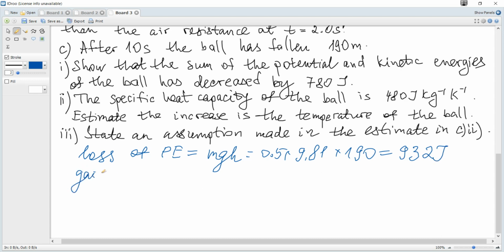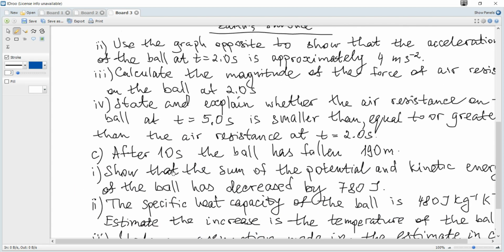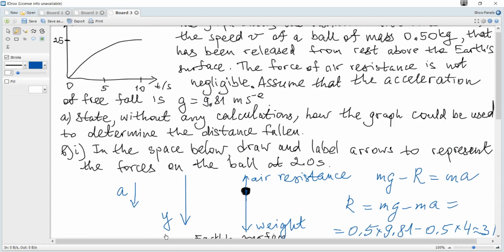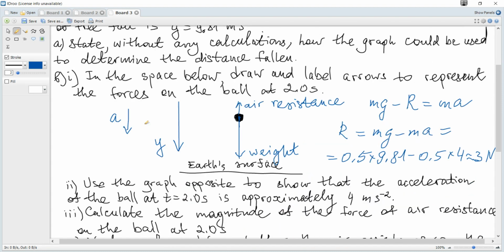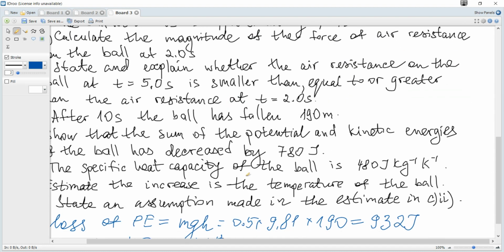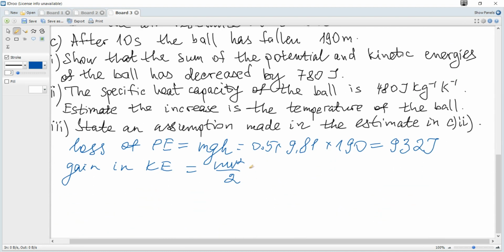The gain in kinetic energy is equal to mv squared over 2, and the speed can be found from the graph. It's 25, and hence it is equal to 0.5 times 25 squared over 2, which is equal to 156.